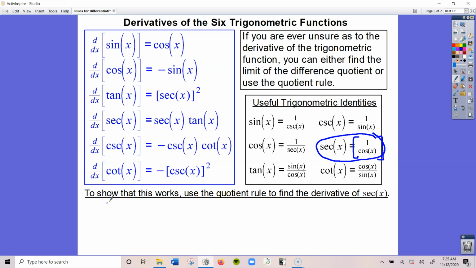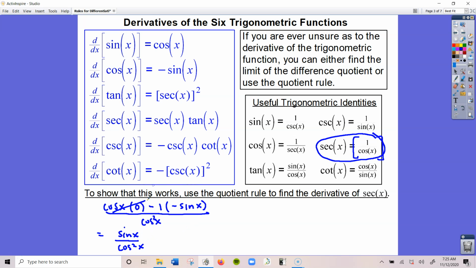So low, cosine x, d high, the derivative of 1 is 0, less high, 1 times the derivative of the denominator, which is negative sine x, all over cosine squared x. Now when we work this out, this is just 0. Negative 1 times negative sine is a positive sine x, over cosine squared.